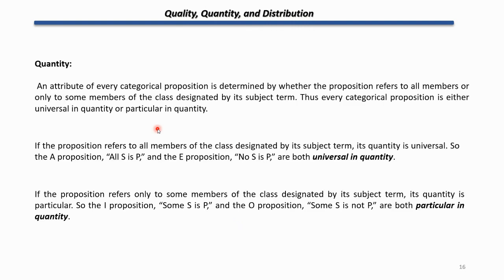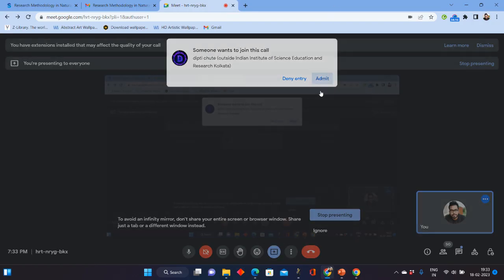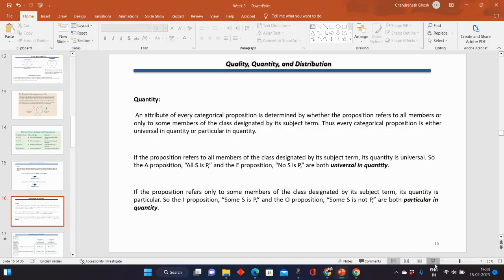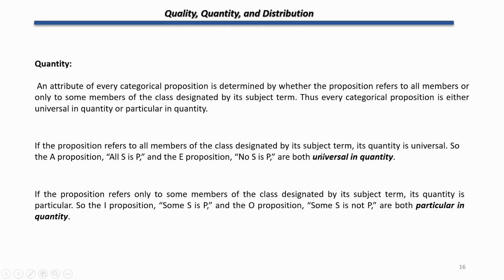Next, coming to quantity. It is an attribute of every categorical proposition, determined by whether the proposition refers to all members of the class or only some members. Thus every categorical proposition is either universal in quantity or particular in quantity.